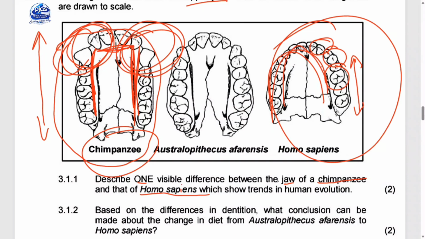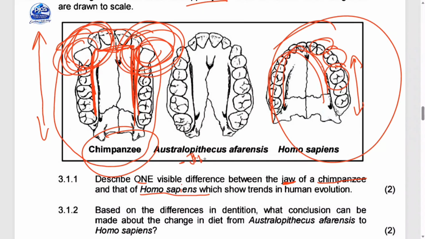So when they ask to describe one visible difference between the jaw of the chimpanzee and that of Homo sapiens, which shows the trends in human evolution, we can also mention the canines.